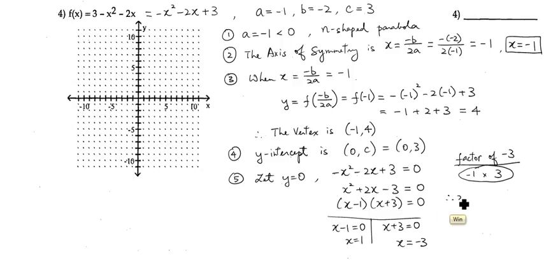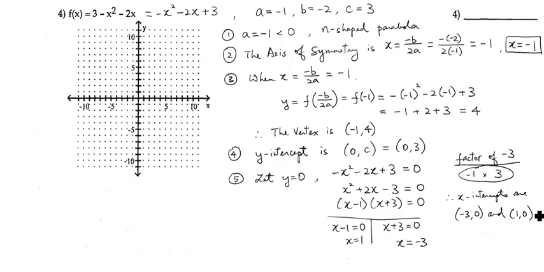An x-intercept is a point. The x-intercepts are negative 3, 0, and 1, 0. See that I put them in order.